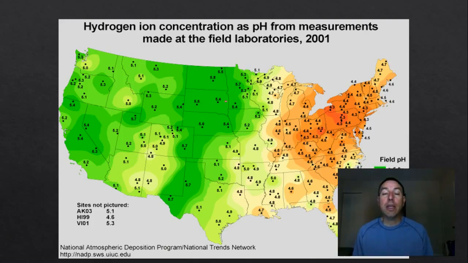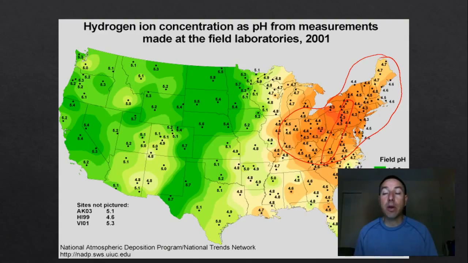Now, if we look at the distribution, hydrogen ion concentration is the measurement of how acidic something is. So the higher your hydrogen ion concentration is, the lower the pH. And so if we look at our pH here, in the northeast is where we have the biggest amount of pH drop. We looked at the Appalachian Mountains, which are right in this area, before.